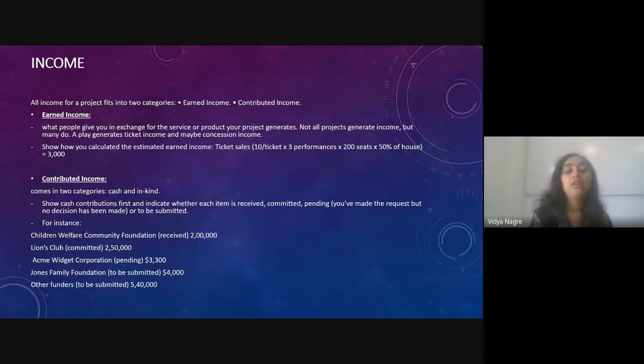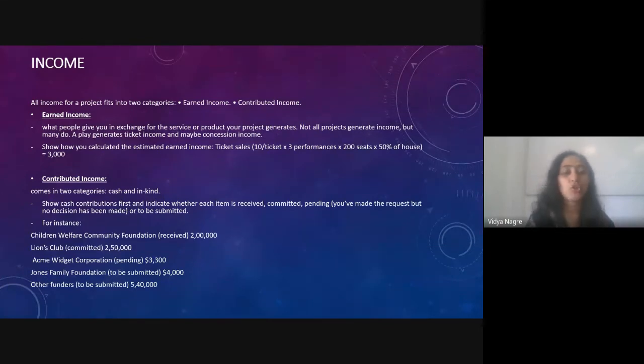For example, if you are going to perform something, tickets are 10 rupees per ticket, 3 performances a day, 200 seats in that hall, and 50% you are subtracting for the house cost. Whatever remains, that is 3,000, will be your pure benefit. So you have to talk about that also. Some funders may ask you for a partial share in your overall income after the completion of your funded project.